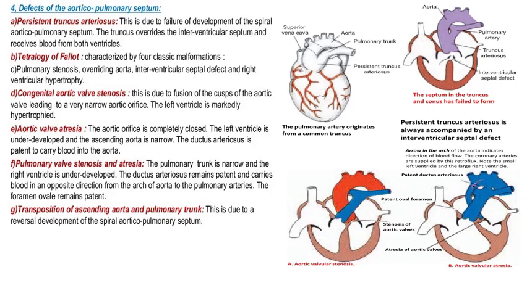So from both the ventricles the blood flows into the truncus arteriosus because it is not divided into two trunks. The pulmonary trunk and aorta are not yet divided in the proximal part. But later on the septum is formed and the pulmonary artery and aorta are divided.